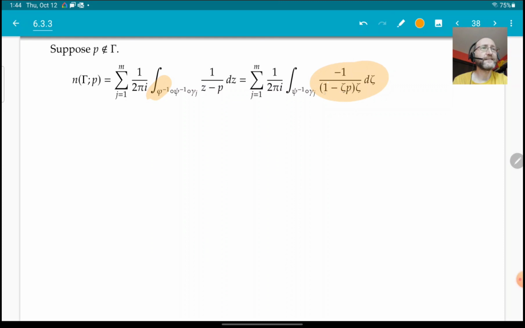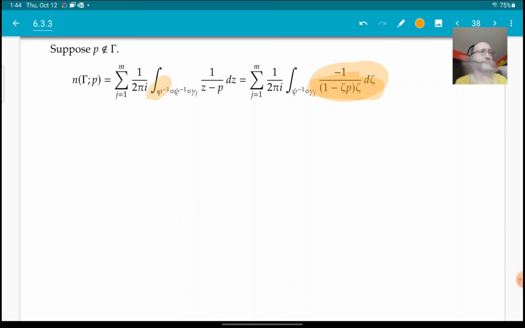I had 1 over zeta here, and so I moved it over here. So I have minus 1, which comes from taking the derivative. And then I have another zeta out here. So this is the expression, that's just the change of variables, the 1 over z change of variables.